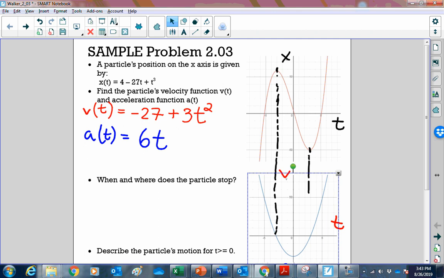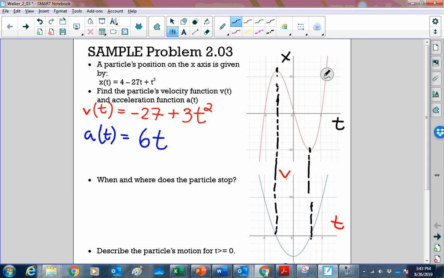Because when an object is turning around like that, it must stop to turn around. So if you are asked for a maximum or a minimum on the position time graph, one way to find that is actually to use the velocity function and solve for when the velocity function is equal to 0.